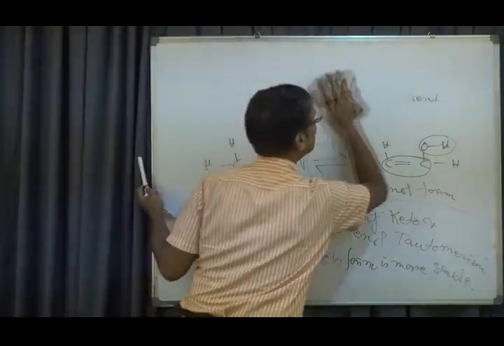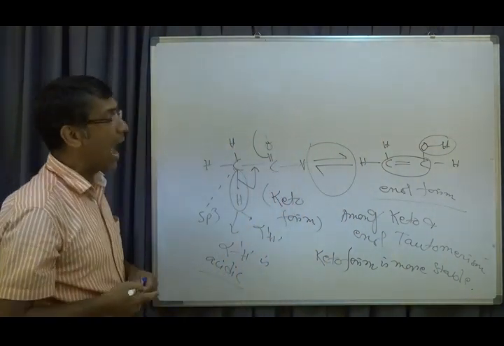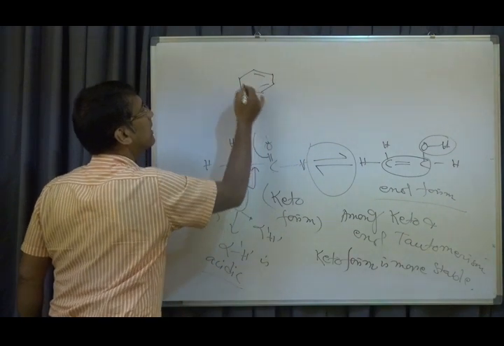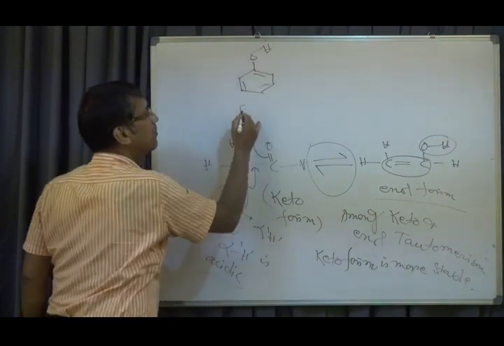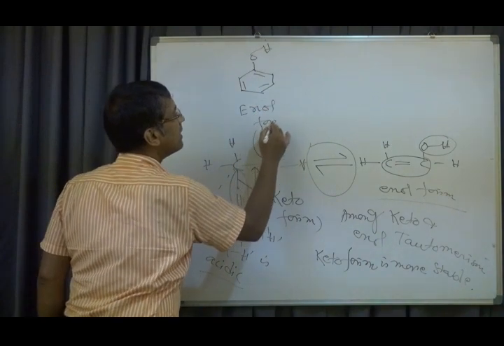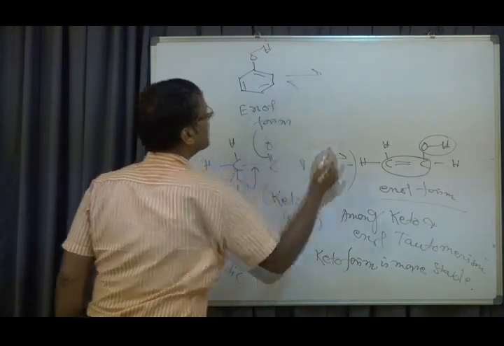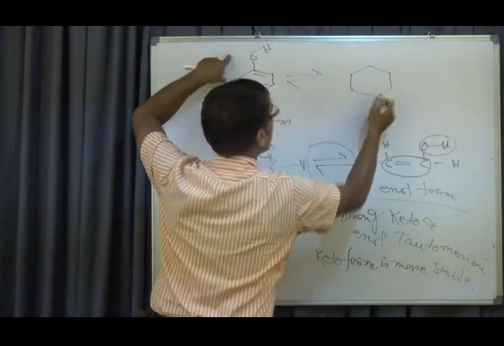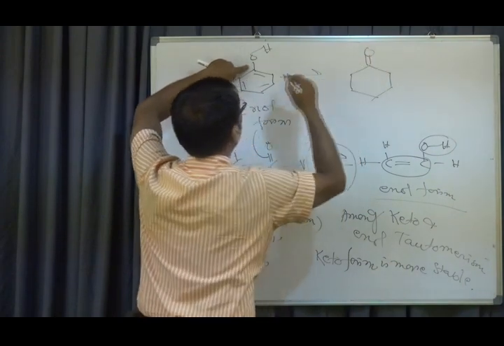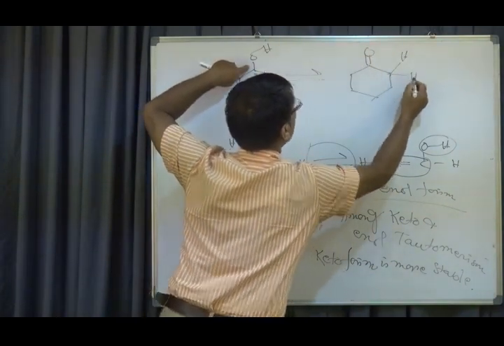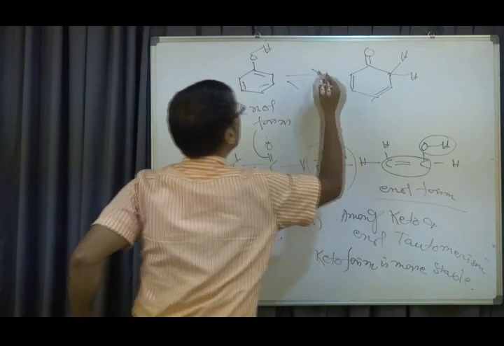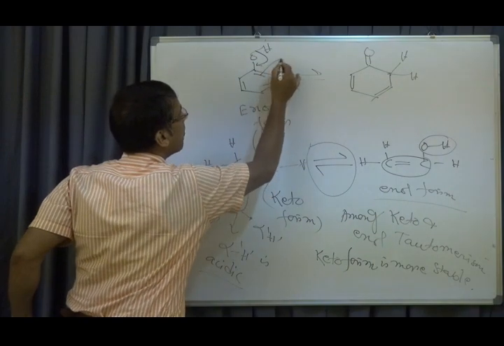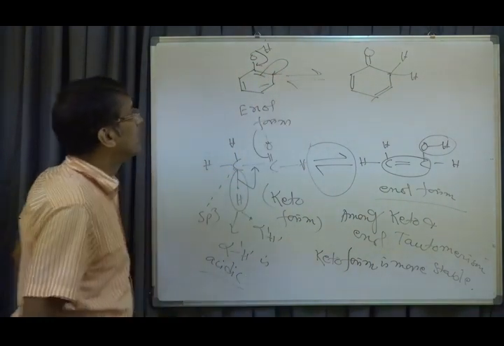How? By gaining aromaticity, such as this is the enol form, and its keto form will be double bond O, H, H. Hydrogen gives up its electron, and this pi bond will shift to this carbon.